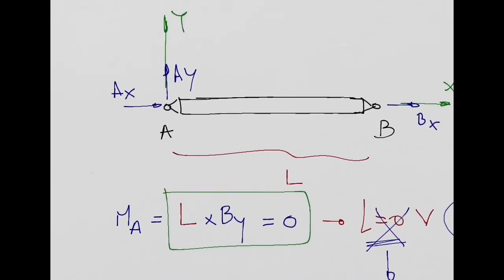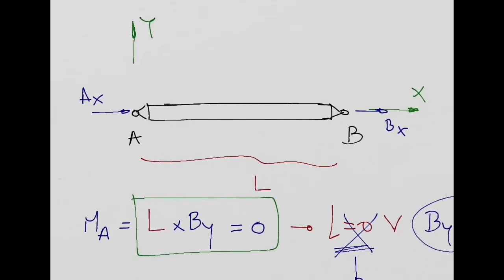That will mean no reaction also in the vertical direction in my strut. So, conclusion is, if I have a strut that is hinged at these 2 points A and B, the only reactions I can have are forces in the axial direction of the strut, AX and BX. And these reactions, AX and BX, they are going to be equal to the force in the strut.